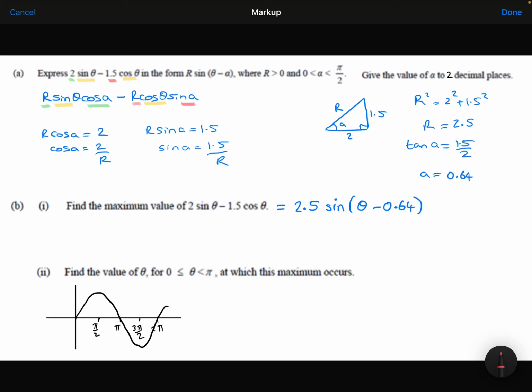I have expanded out the r sine theta minus a. I've then compared the sine theta there and the cos theta there, which allowed me to see that the r cos a had to be 2, and the r sine a had to be the 1.5. I've then turned this into a little right-angled triangle there, with r being the hypotenuse.